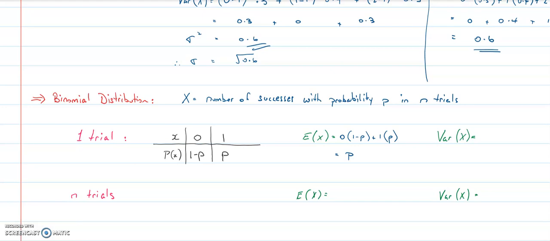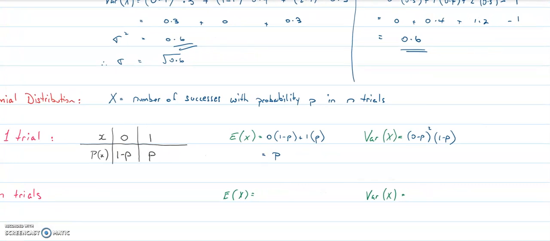Okay. My variance of x, well, that's going to be my difference of each of my x's from p. So 0 minus p, squared, by 1 minus p. Plus, now I've got 1 minus p, squared, by p. So if I run that through, I'm going to get p squared by 1 minus p plus p by 1 minus p all squared.